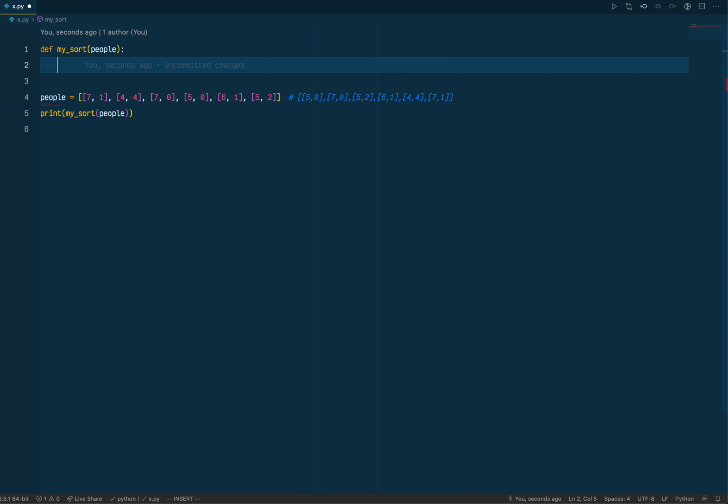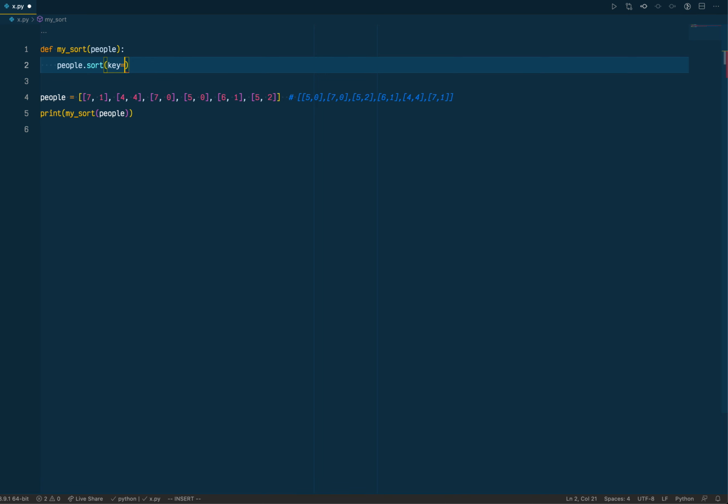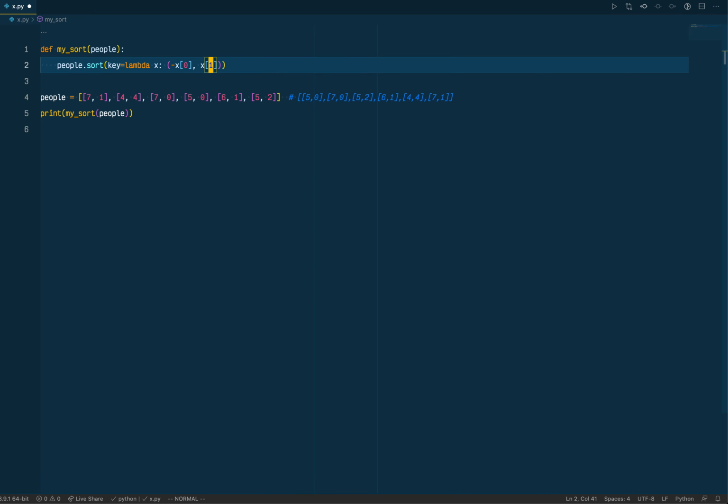We can do that with Python's built-in sort function. We have the key argument, to which we can pass a lambda function. First we need to sort by height in descending order, and then by the next value.